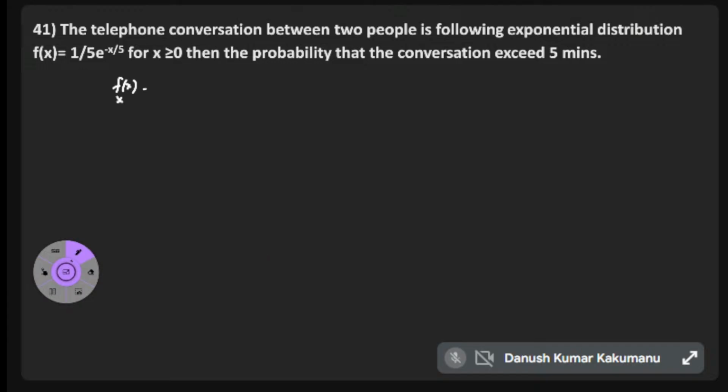F of x is 1 by 5 e power minus x by 5 for x greater than or equal to 0. Then the probability that the conversation exceeds 5 minutes. It is asking what is the probability that x is greater than 5. Conversation will exceed 5 minutes.